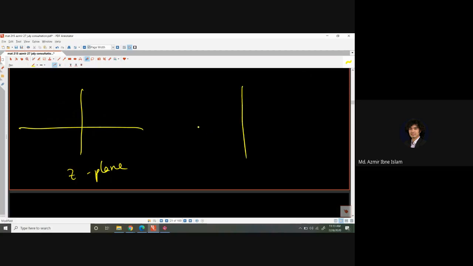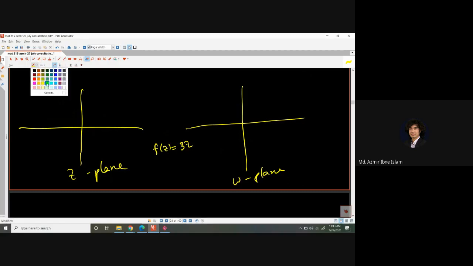With the help of the function f of z equal to 3z, we can map modulus of z equal to 2, that is 2 e to the power i theta. This is our circle. Clear?